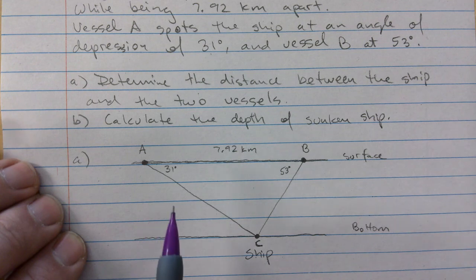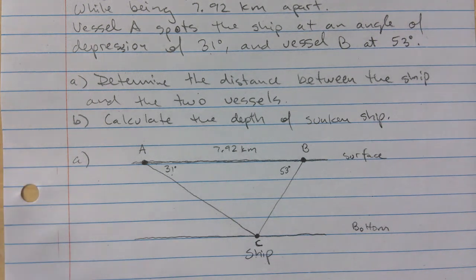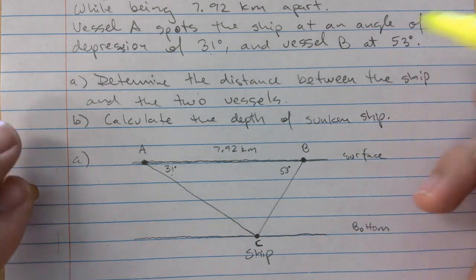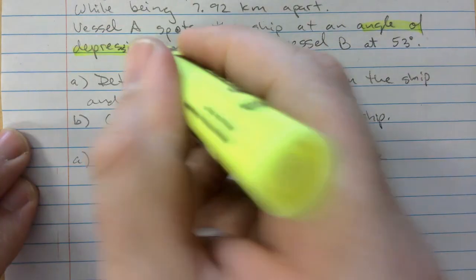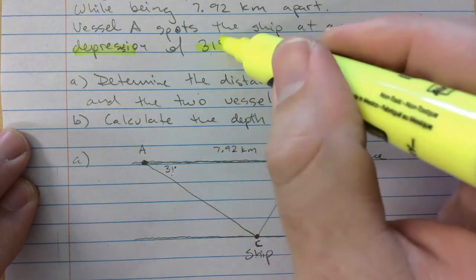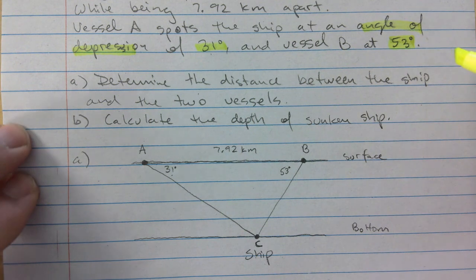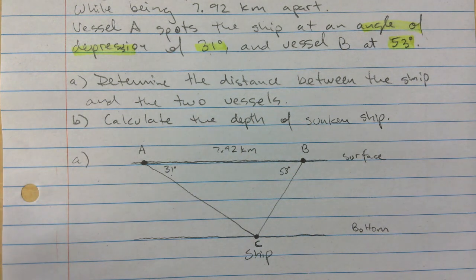So I guess the important thing here is the angle of depression, right? That's the 31 and the 53. Where do they go? That's important.